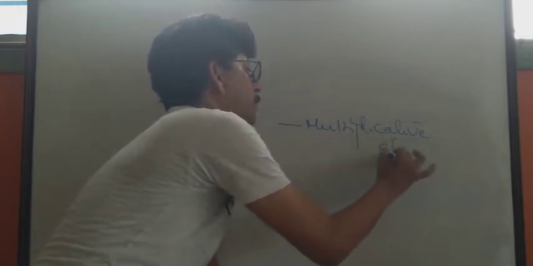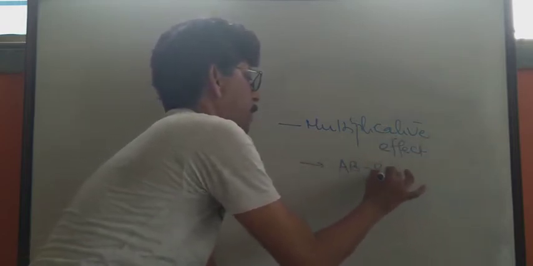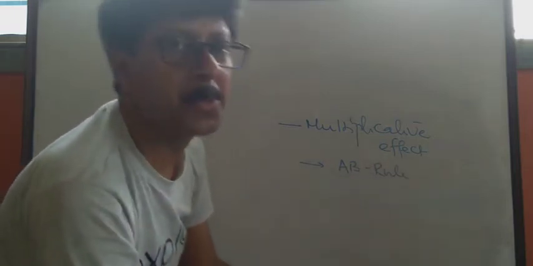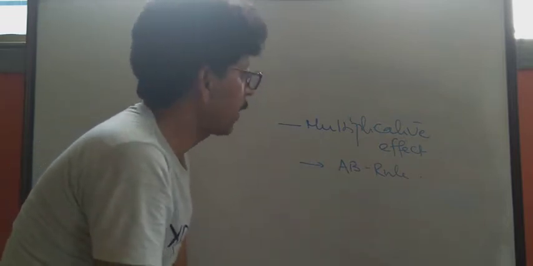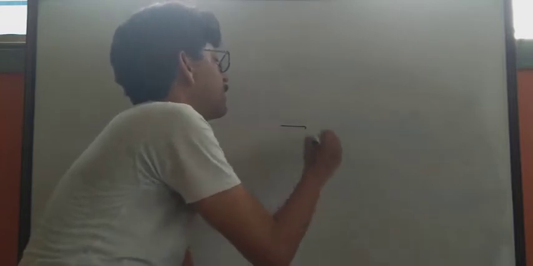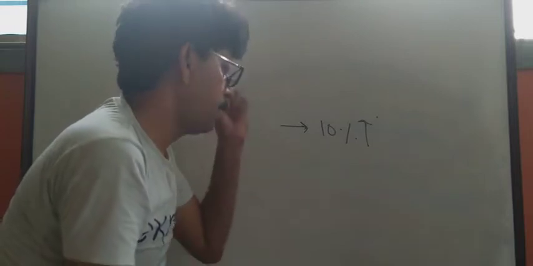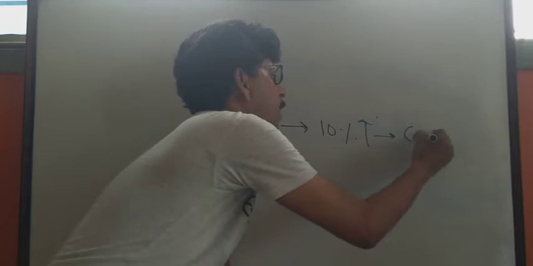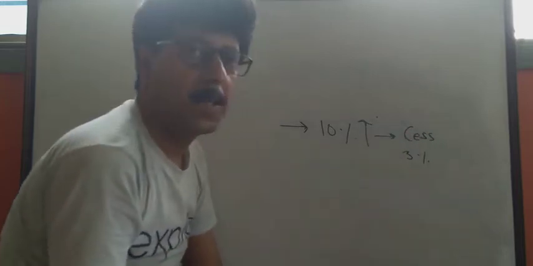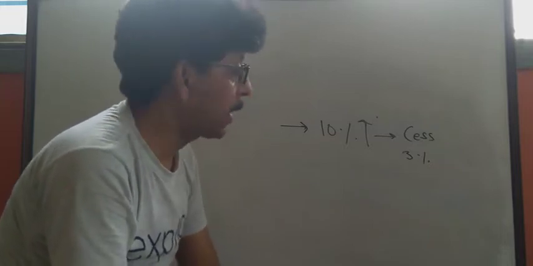We generally call it the AB rule: A into B, it can be A into B into C, etc. Say the price of petrol is increased by 10%, and then the government has imposed a tax, or you can say a cess, of 3% on that selling price. So how much more does a customer have to pay now?